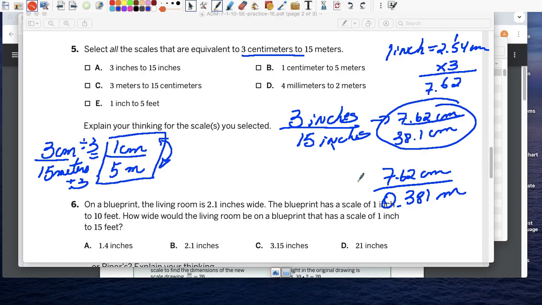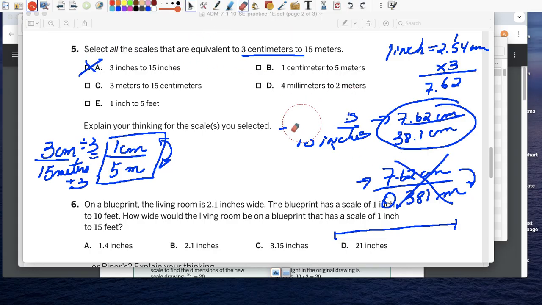There is no way that 7 centimeters, which is about 4 times my height, is about 0.38 from the floor to about your thigh, not even your thigh, I'm sorry, your knees. So this makes absolutely no sense. So A, you're out.